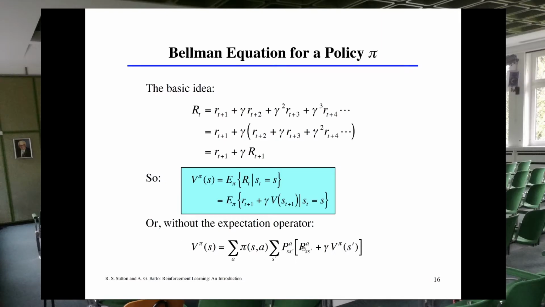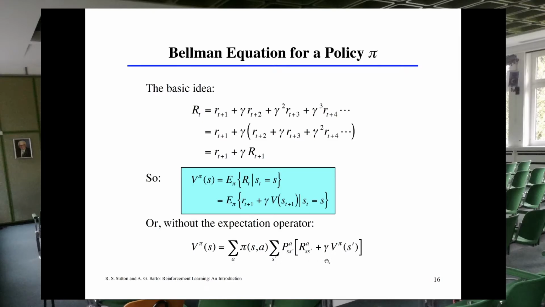This Bellman equation is a system of equations, and you will have an equation for each of the states of your problem. If your problem has 10 states, then you will have 10 equations. If your problem has an infinite number of states, then you will have an infinite number of equations.